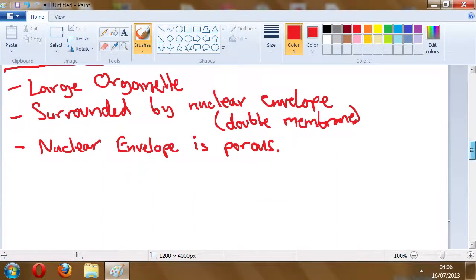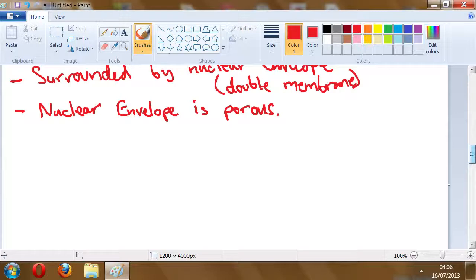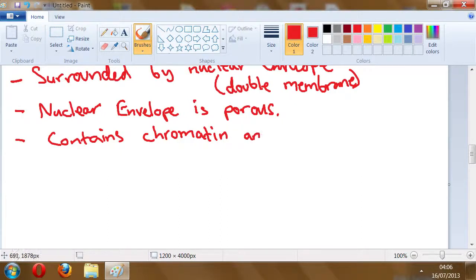It contains chromatin, which I did in some of the features. I tried to make it look like there's little dots and stuff. And the nucleolus structure.